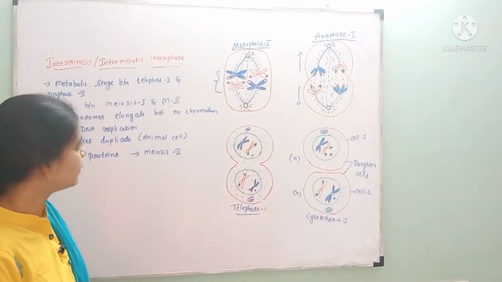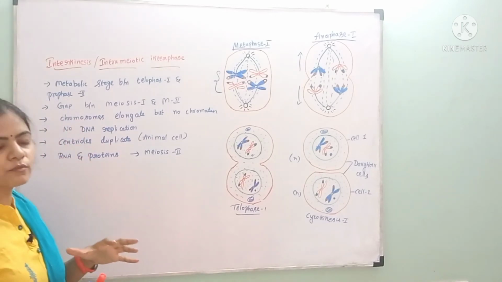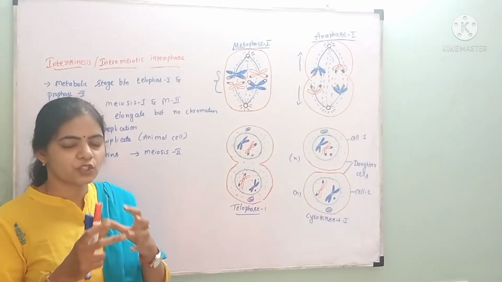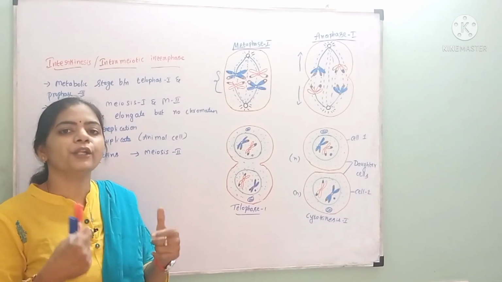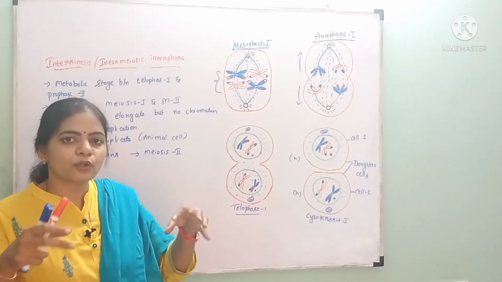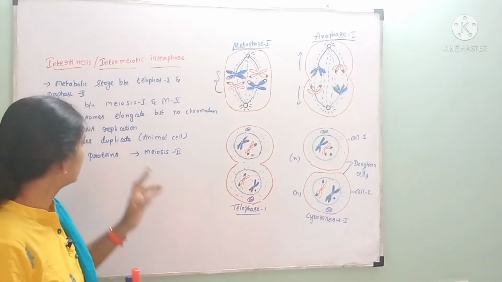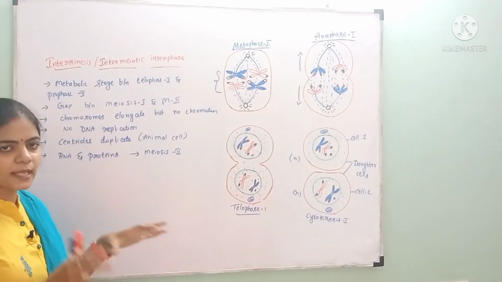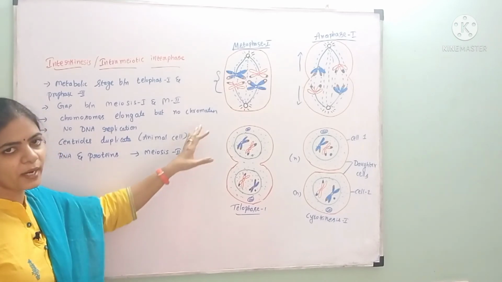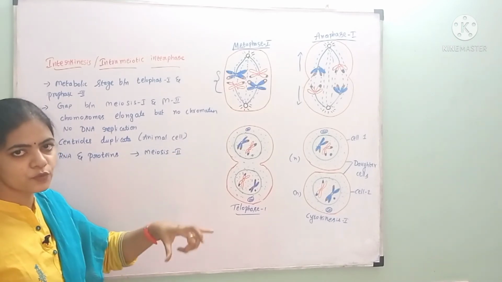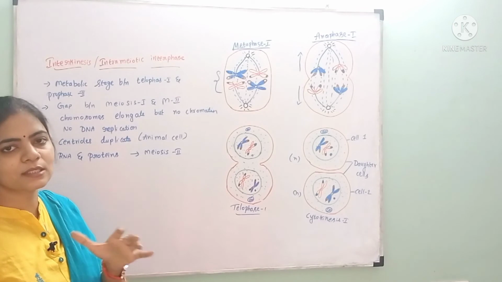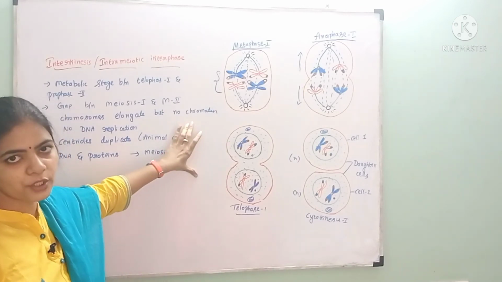Generally, in interphase, the structure of the chromosomes is uncoiled and the chromosomes form chromatin. But here, the chromosomes elongate but there is no chromatin formation. The chromosomes remain just straight.